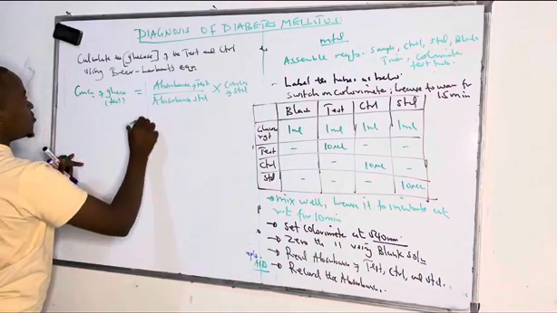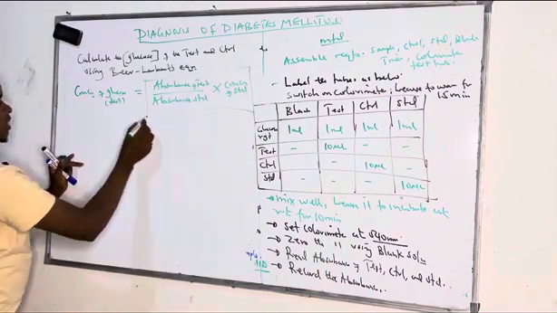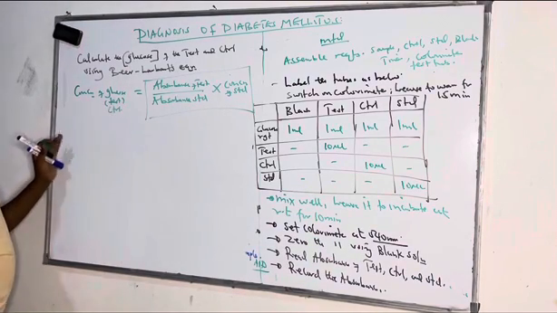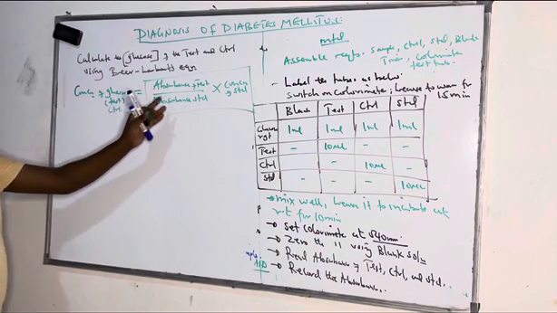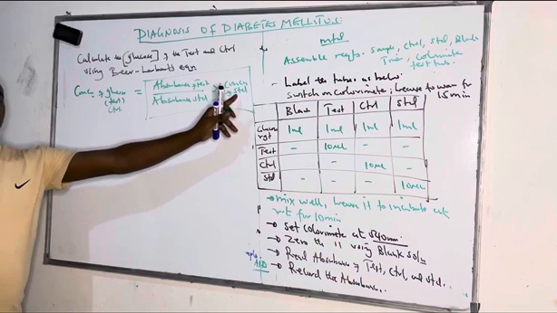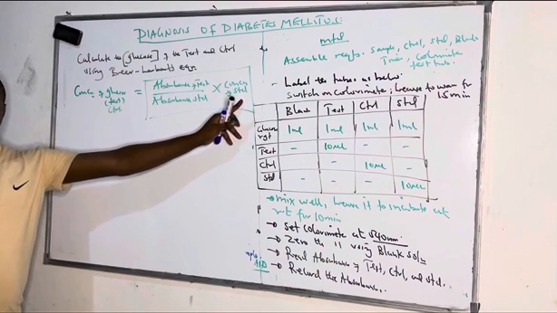So this is the formula we use to calculate both the test and the control, whereby if it is control, it will be absorbance of the control over absorbance of the standard times the concentration of the standard.